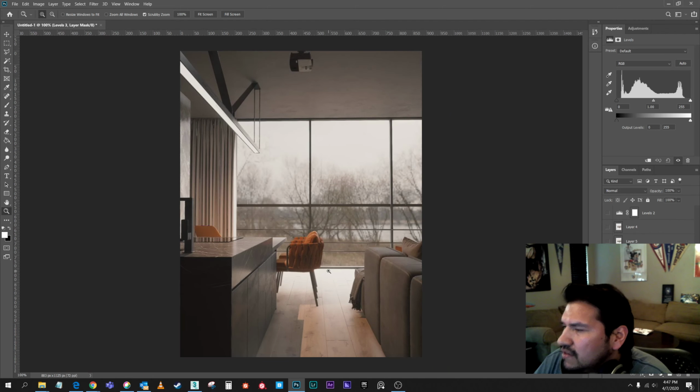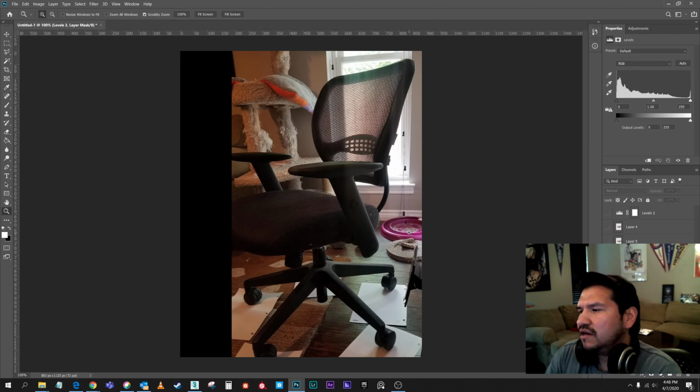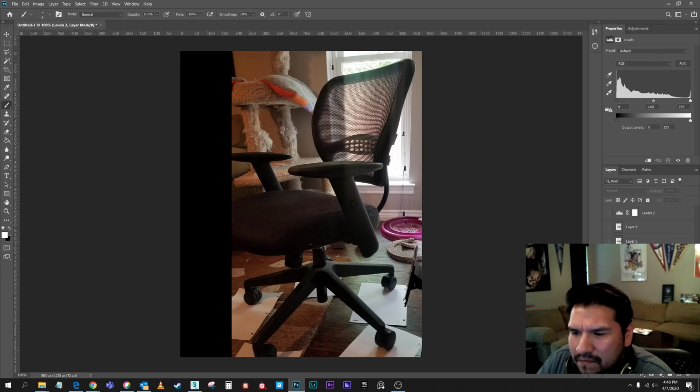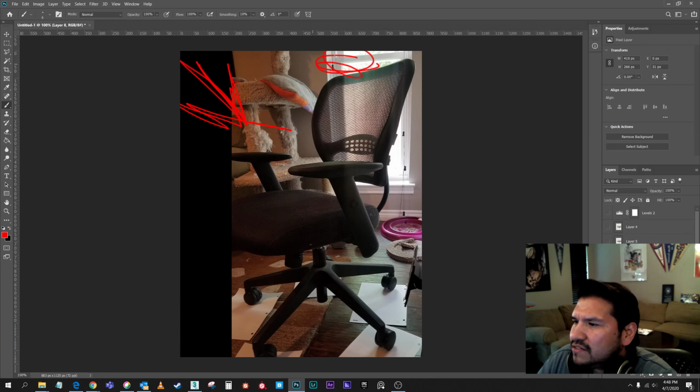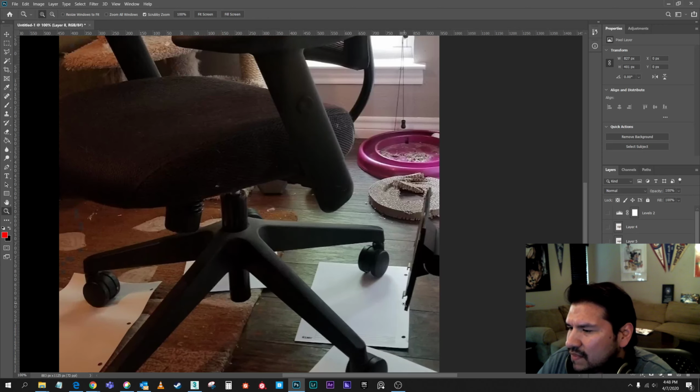But then the other thing, I wanted to take a look at what's actually happening in reality. So I took a picture of my chair here. Now, in the real world, this is what's going on. I have a very strong lamp coming in from over here, and then I have the sun and its rays coming all through here.